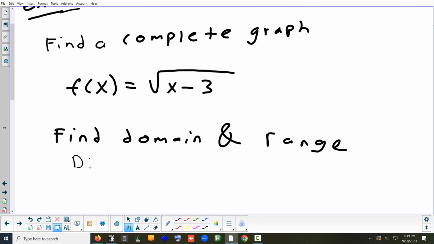We want to make sure that we never have what kind of number underneath the square root symbol? Negative. Yeah, we don't want to end up with negative values in here. So does anybody see what you can pick for x? So that if you plug it in, we get at least 0 or higher. Yeah? X is greater than or equal to 3.